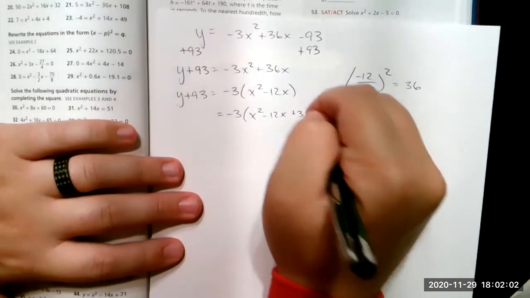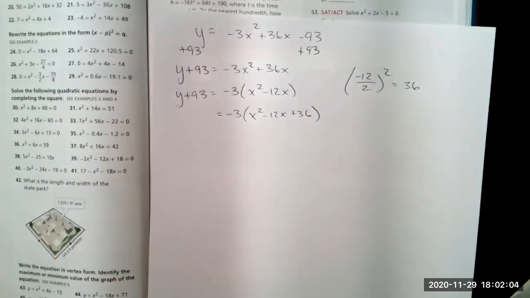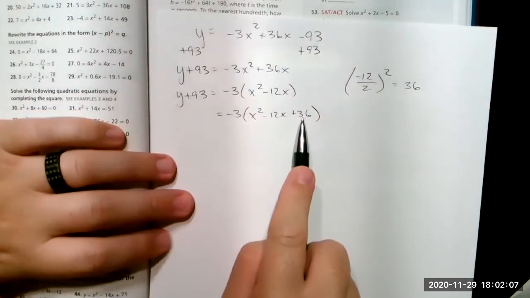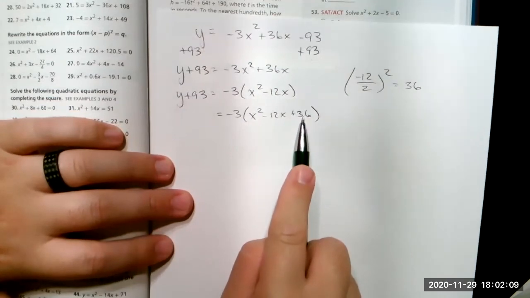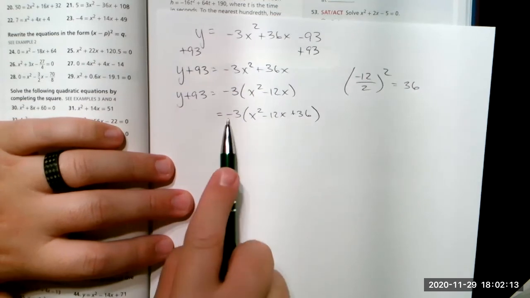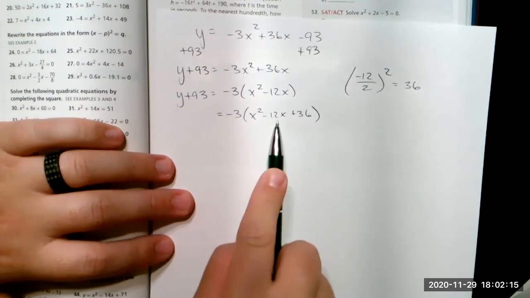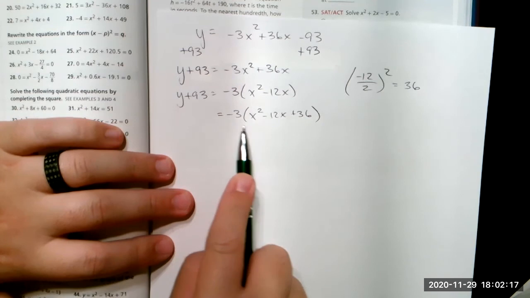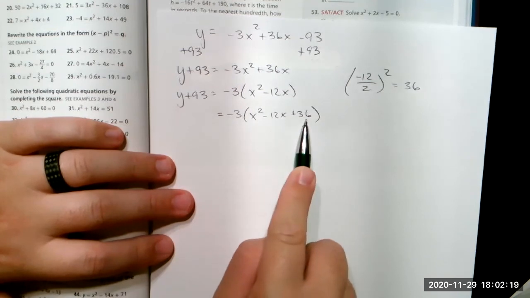36. But remember, like the example problem I did a little while ago, when I'm adding 36 on the right-hand side, I'm technically not adding 36 because I'm going to have to distribute this negative 3. So negative 3 times 36, that's, what is that?